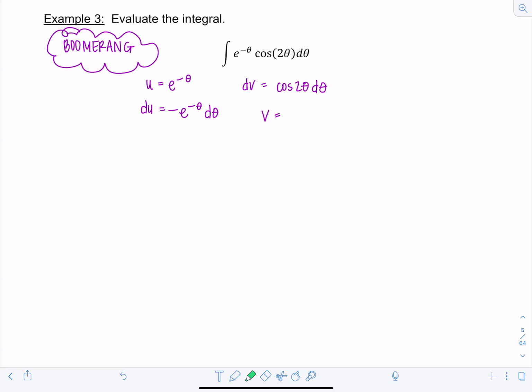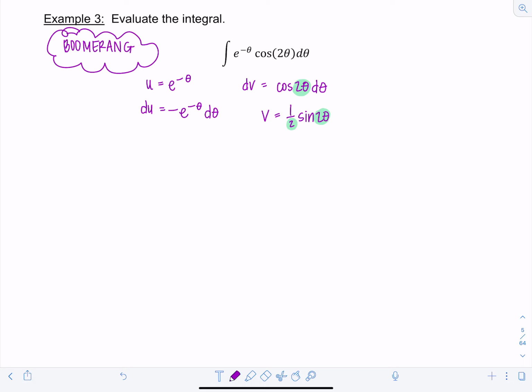You don't need to actually do a substitution, right? You're just going to divide by 2 since we have that coefficient on theta, and then just think to yourself, what is the antiderivative of cosine something? It's sine something, so just keep the argument the same. So you're going to have 1/2 sine 2 theta. Good? See, it saves you time. Those are seconds of your life you'll never get back.